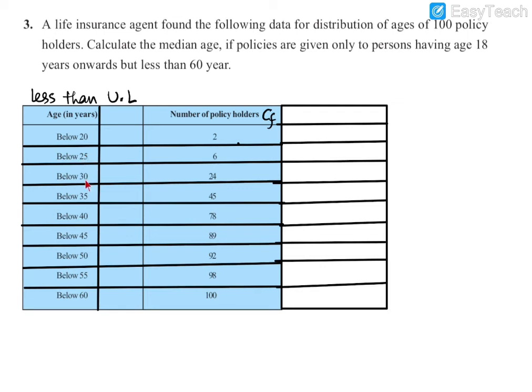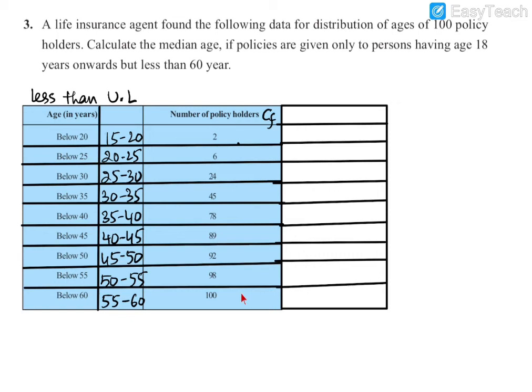Observing these upper limits, you will be able to understand that the class size of these class intervals is 5. So we can write down the class intervals as 15 to 20, 20 to 25, 25 to 30, 30 to 35, 35 to 40, 40 to 45, 45 to 50, 50 to 55 and 55 to 60.